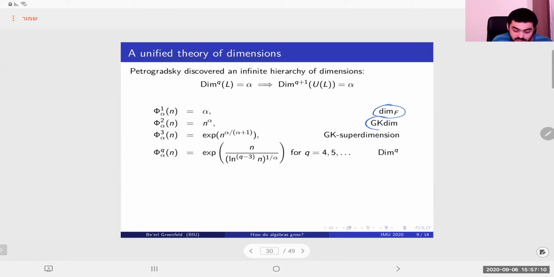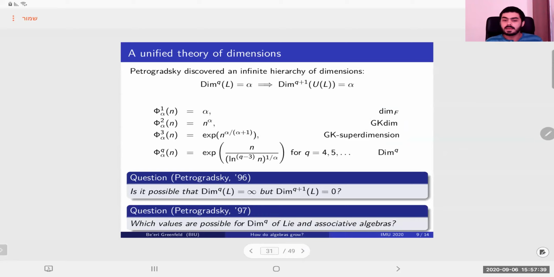The second is the GK dimension, which I mentioned to you before. The third is the GK super dimension, or slight modification of it, which I didn't define to you, but believe me that it exists, and so on. So this is like a system of dimensions that enables you to exactly bound the growth or describe the growth of the enveloping algebra of a given Lie algebra.